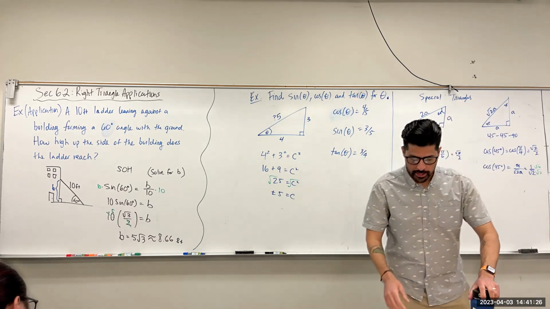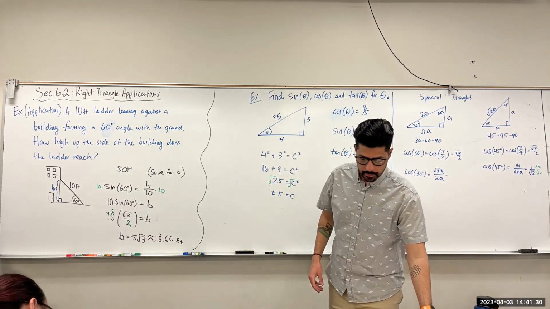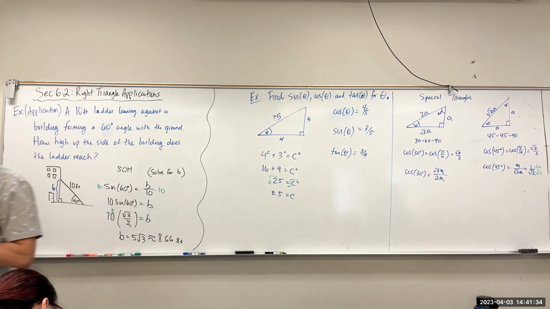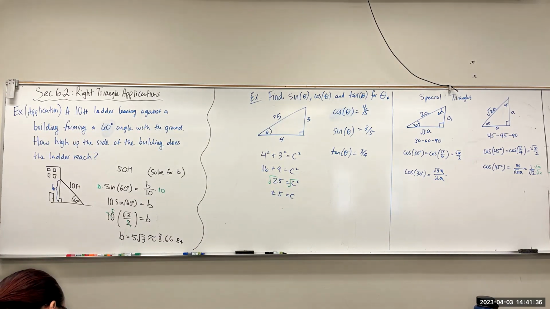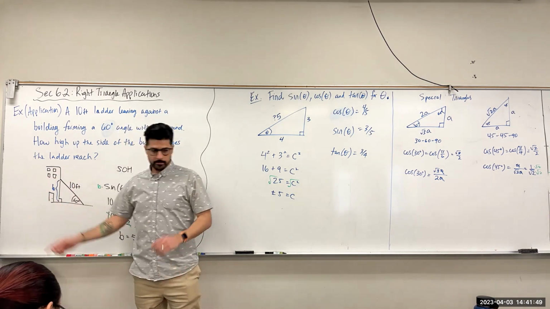Label things as much as you can. I included some pictures there for you. Practice these out. It'll be helpful if you determine the right triangle you're supposed to use and label that one in your picture.